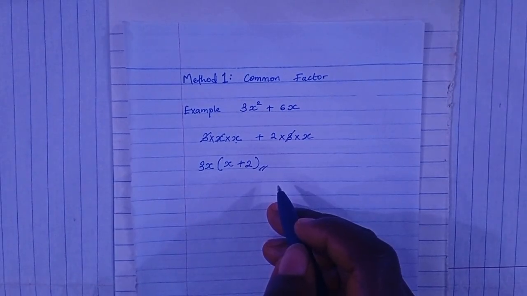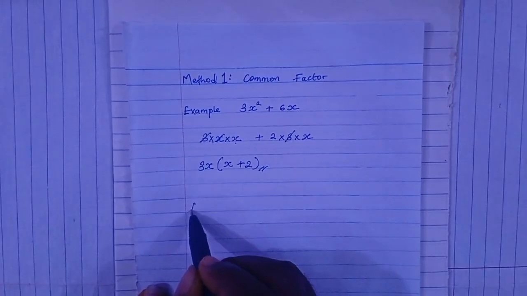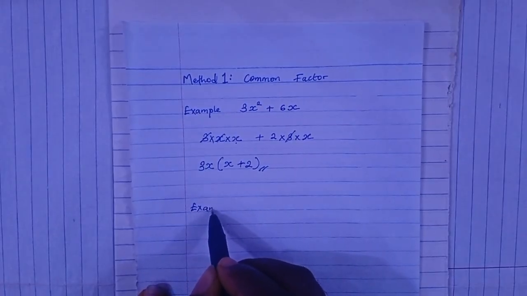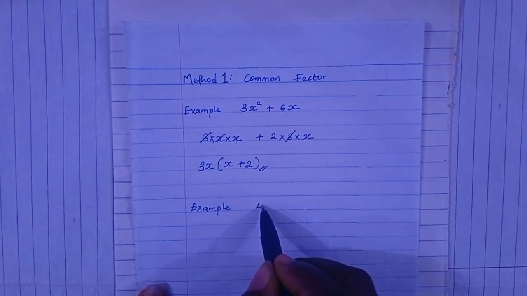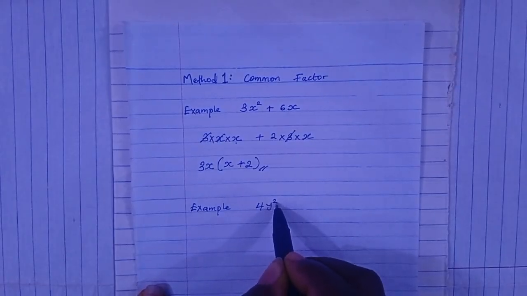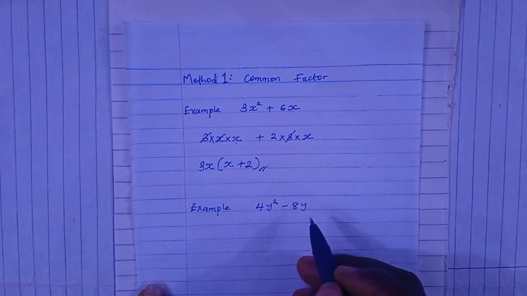So let's look at this next example, example 2, where we have 4y squared minus 8y.